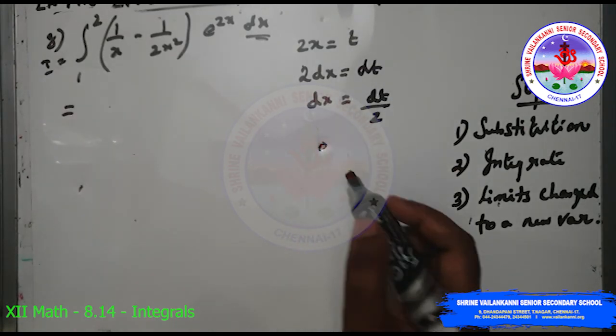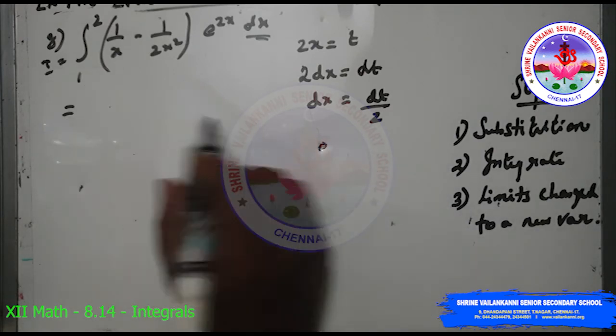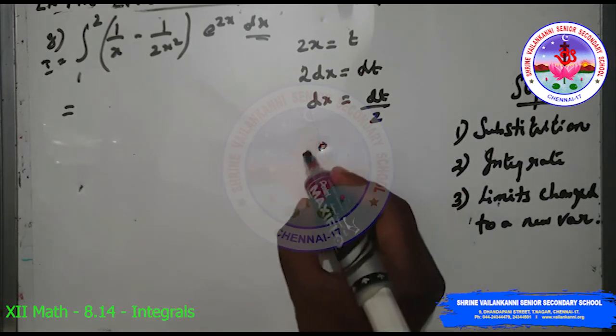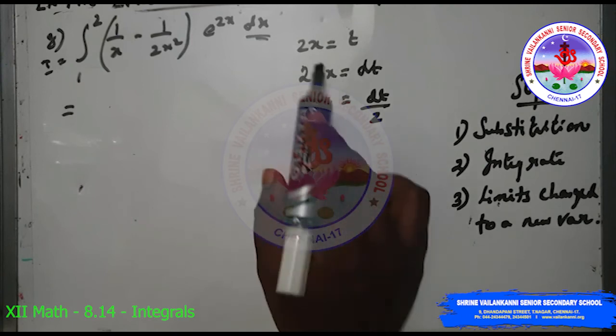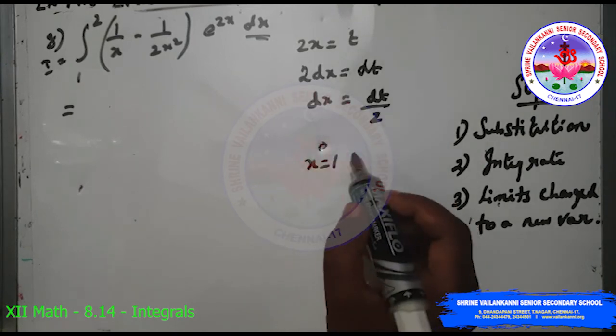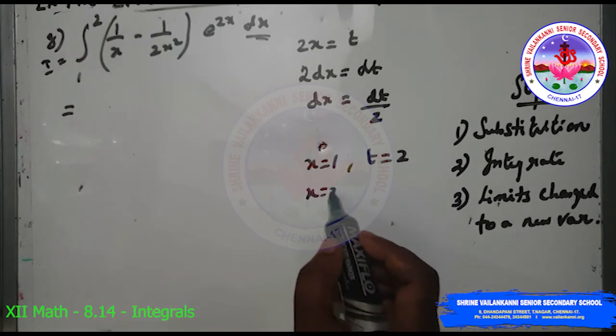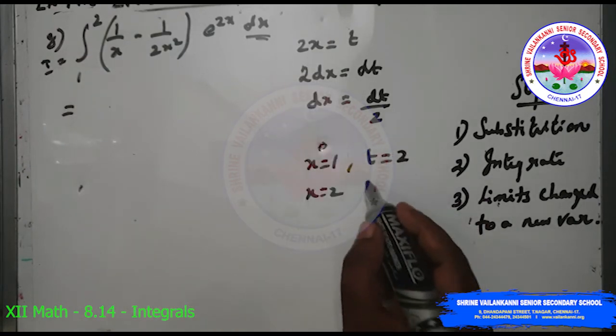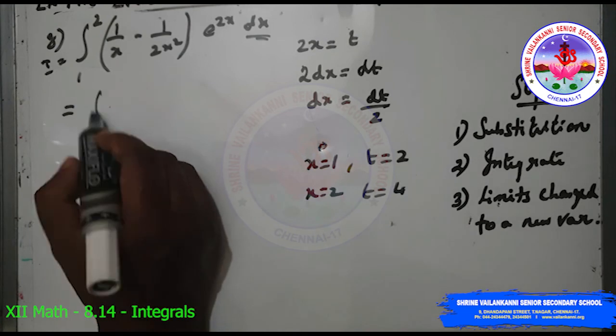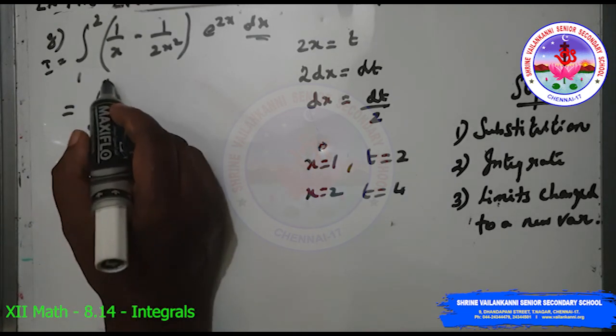Changing the limits: when x is 1, 2 into 1 is 2, so t equal to 2. When x is 2, 2 into 2 is 4, t is 4. Now the limits change to 2 to 4.